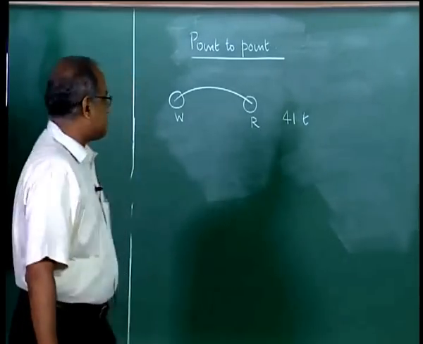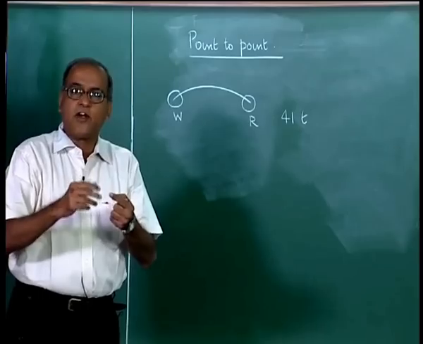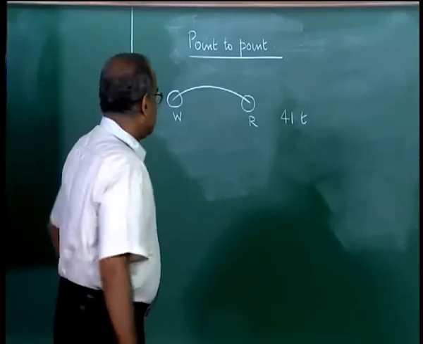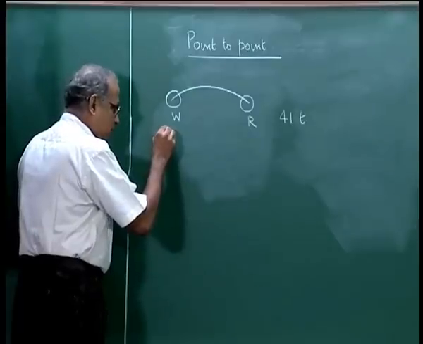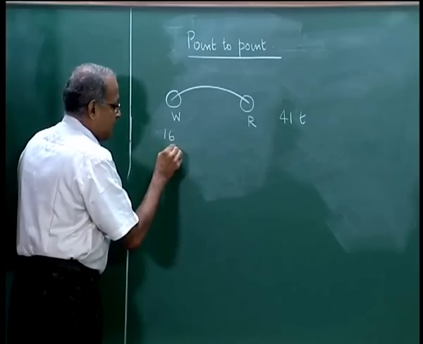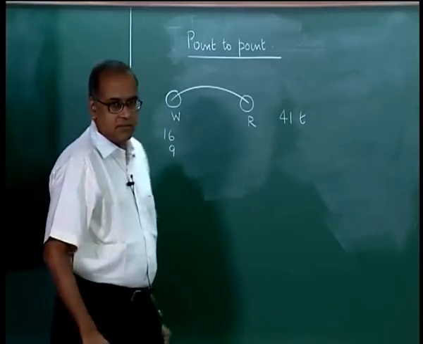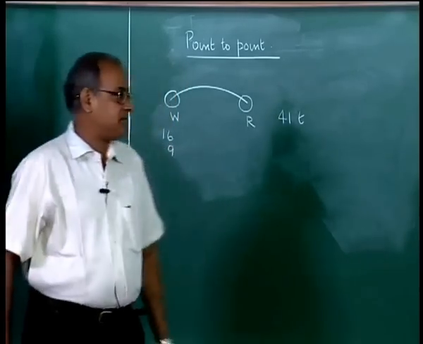Now in order to transport these 41 tons, we can do that using different types of trucks. So let us assume we are looking at two types of trucks. One truck can carry 16 tons per truck and the other can carry 9 tons per truck.